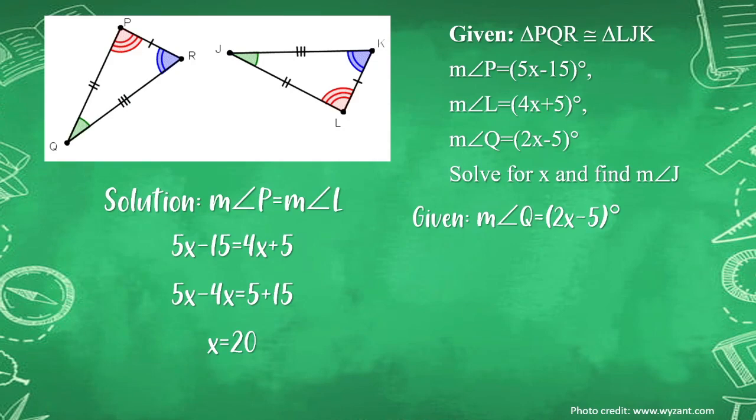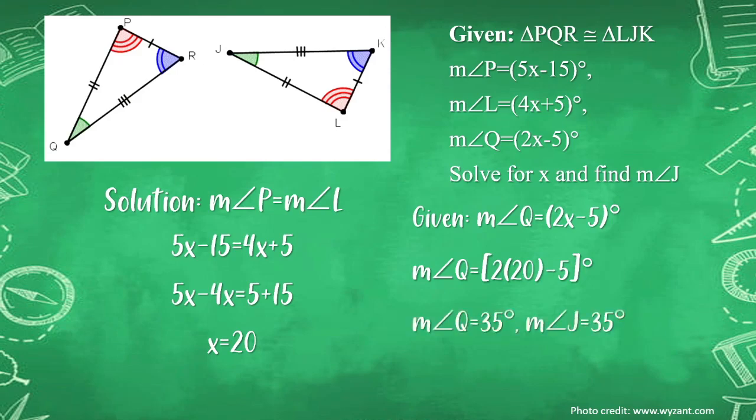Let us substitute 20, which is the solved value of x, and simplify. As a result, we get 35 for angle Q, which is also the measure of angle J. Please pause and replay the solution whenever you need to recall the process.